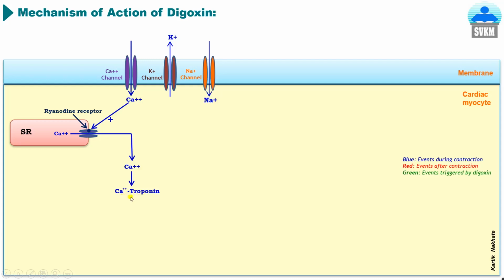The formation of the calcium troponin complex activates myosin light chain kinase. The myosin light chain kinase further phosphorylates the contractile protein myosin light chain. The phosphorylated myosin then interacts with another contractile protein, actin. And finally, this actin-myosin interaction results in the myocardial muscle contraction.